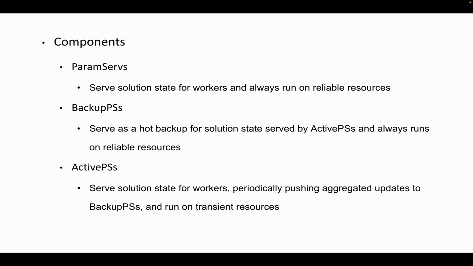Active PSs help reduce training time by enabling concurrent work by multiple workers, and they improve scalability by adding more machines. Parameter servers and backup PSs run on reliable resources, whereas active PSs run on transient resources.